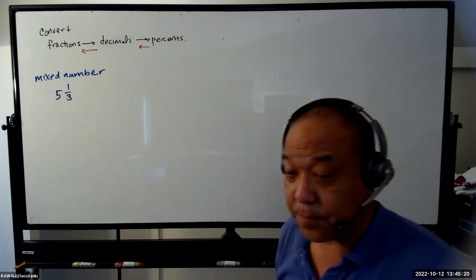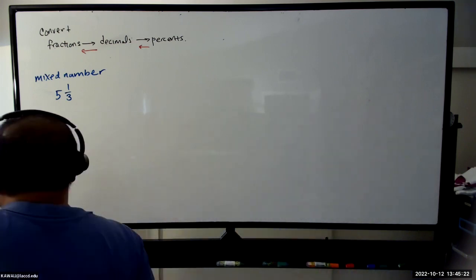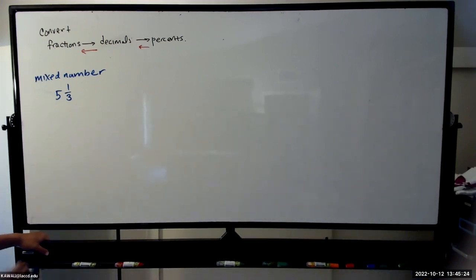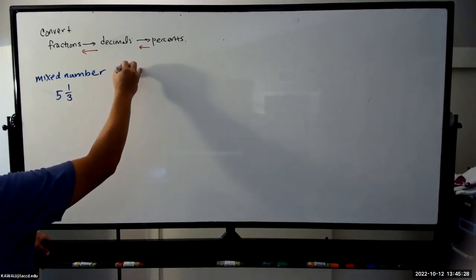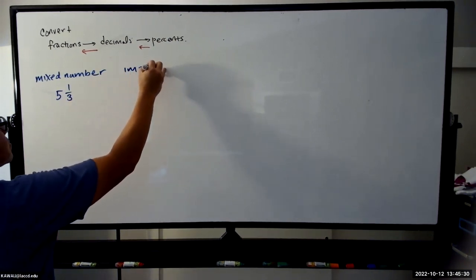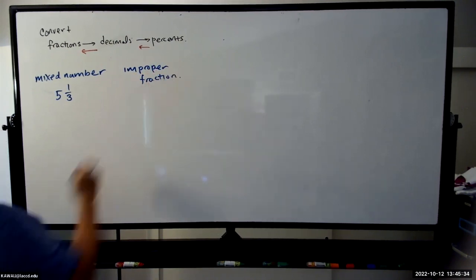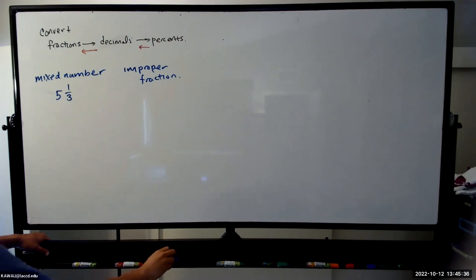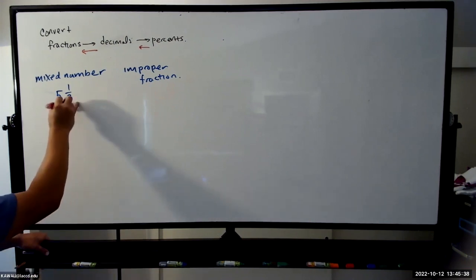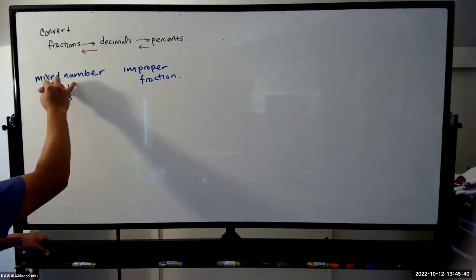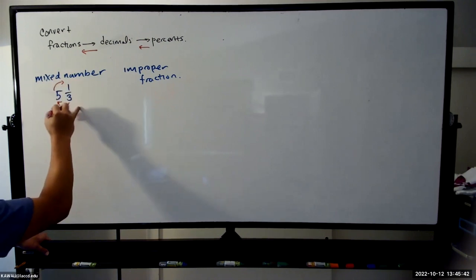Okay. So let's look at mixed numbers. In terms of mixed numbers, I want to convert this to an improper fraction. So what we want to do is go in a circle. We want to go this times this, and then this plus this.